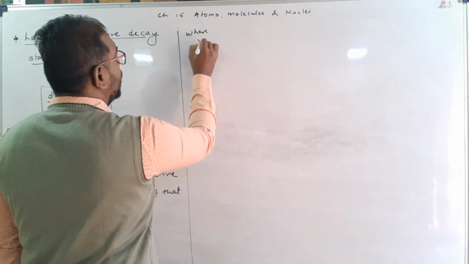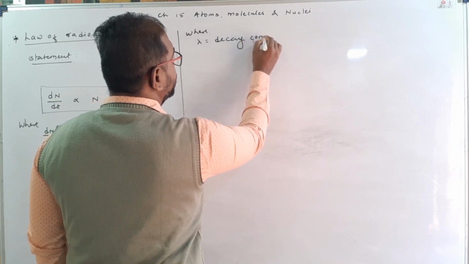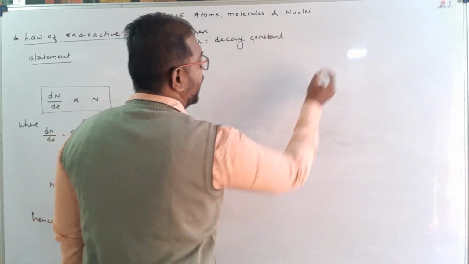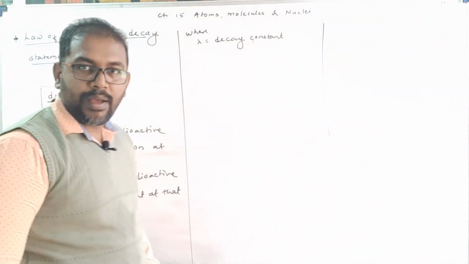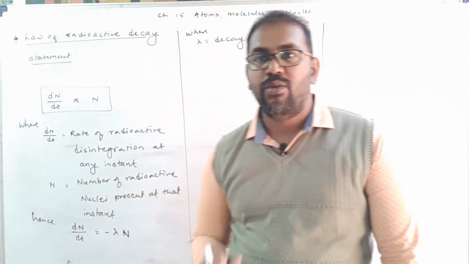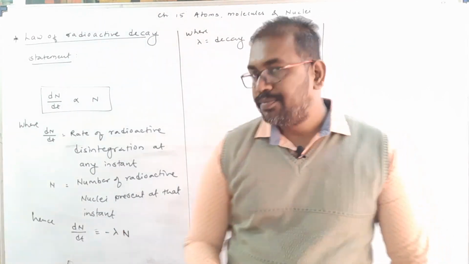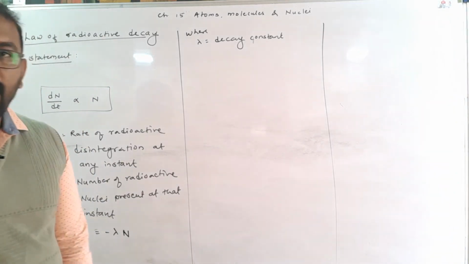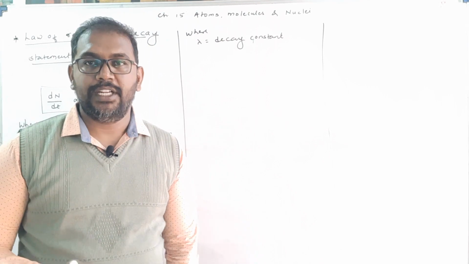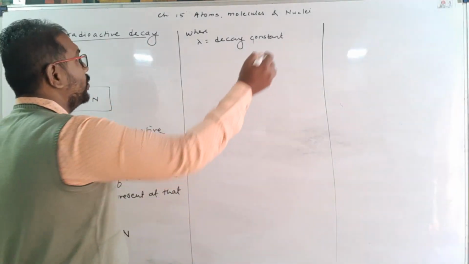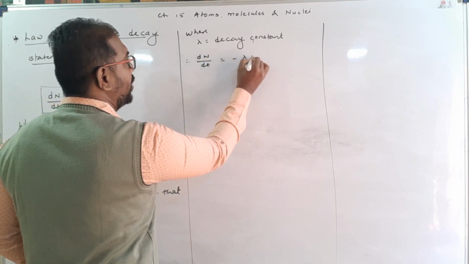The minus sign is there because the substance undergoes decay. Now by using this we can obtain one additional formula which gives us the number of radioactive nuclei present at that instant. So dN by dt is equal to minus lambda into N.